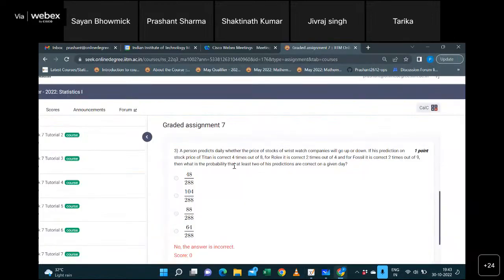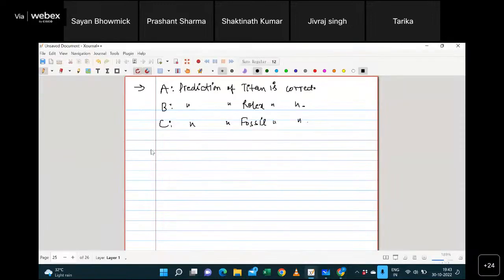So what is the probability that at least two of his predictions are correct on a given day? So it is asking about at least two predictions correct. Sir, I understand it must be something like we take 0 and the first prediction and then minus it, right? Yes, kind of. So suppose T is Titan, R for Rolex and F for Fossil.